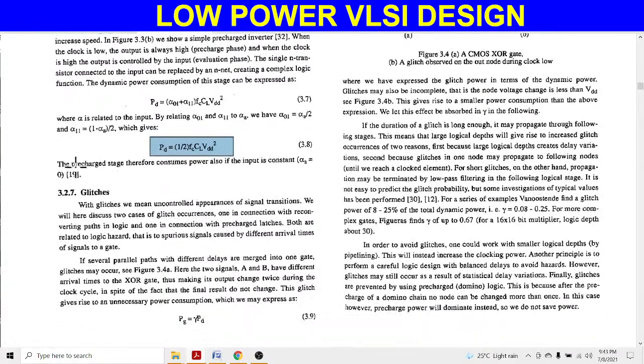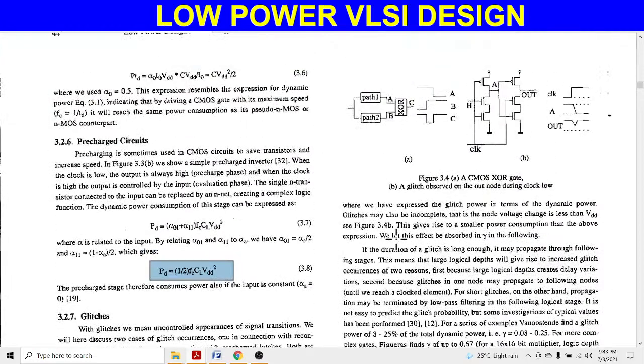Okay, next term is glitches. We know that uncontrolled output signal transition is known as glitches. Sometimes it occurs during the transition of input pulse from high to low and from low to high. Okay, here one circuit of a CMOS XOR gate is represented.